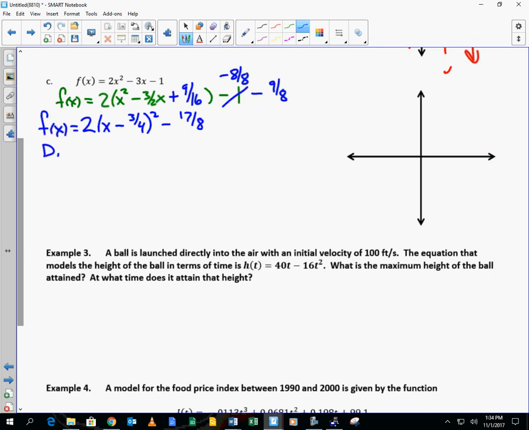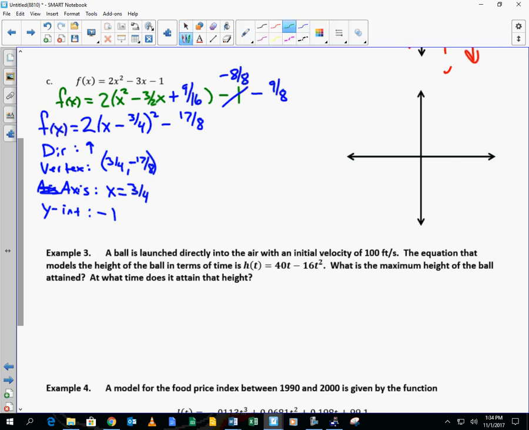Direction is up. A vertex. Good. Negative 17 over 8.